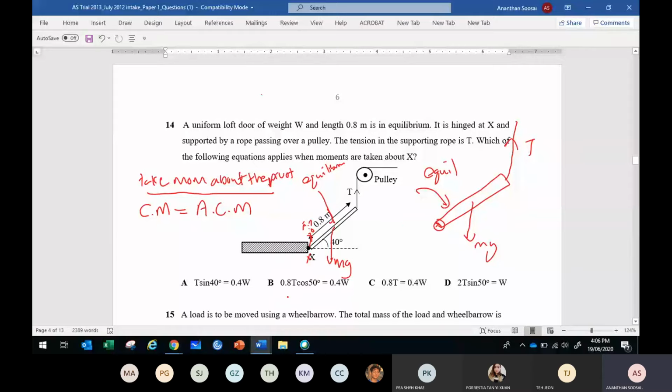So one of you said answer is B. The others come and give a try. Okay, another one of you said A. Now we got 2 answers. Come on, please check back. Is it A or B?